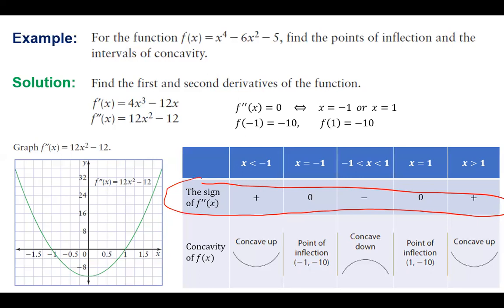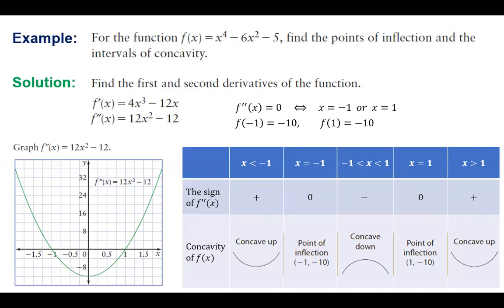The second derivative is always negative, right? Therefore, we say this interval is an interval of concave down. And in the next interval, when x is greater than 1, the second derivative is always positive. And according to the definition, we say this is an interval of concave up.